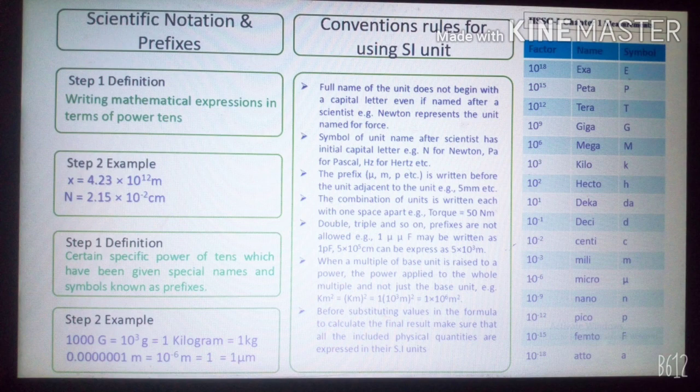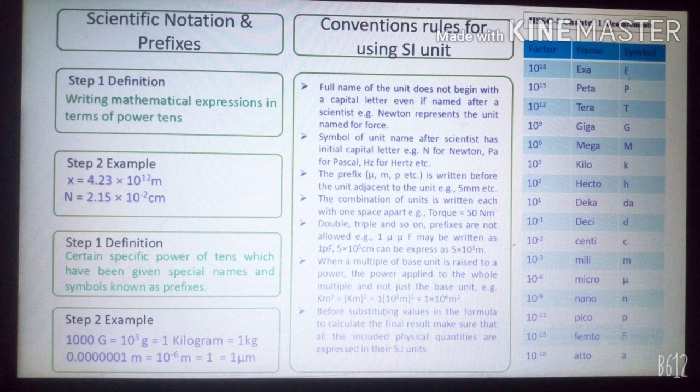For example, newton represents the unit of force. The symbol of a unit named after a scientist has an initial capital letter, like N for newton, Pa for pascal, Hz for hertz, etc. Next point, the prefix such as micro, pico, etc. is written before the unit, adjacent to the unit, like 5 millimeter, etc.